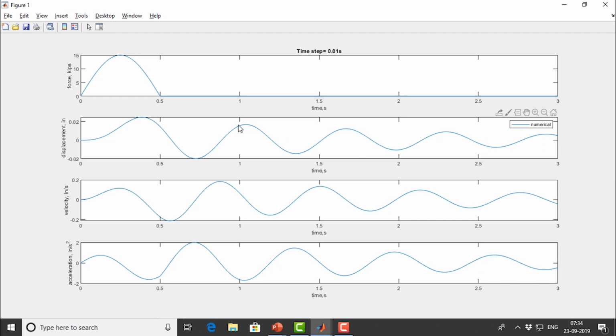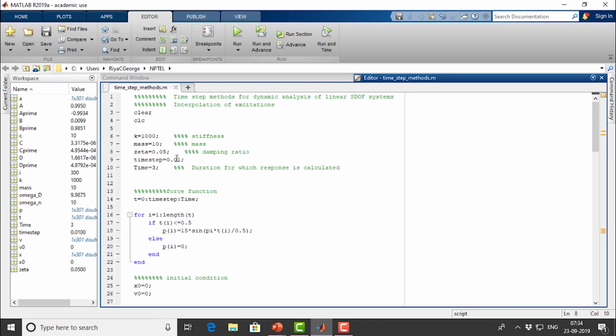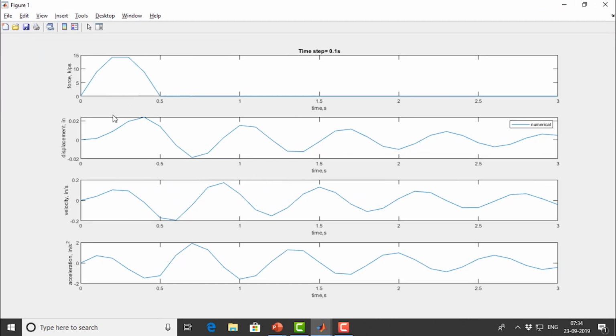So that's because this is a damped system. If we had chosen some other time step, for example, say 0.1 seconds, the solution would not have been very smooth and the forcing function also would not be a perfect sine curve. It would be slightly distorted.